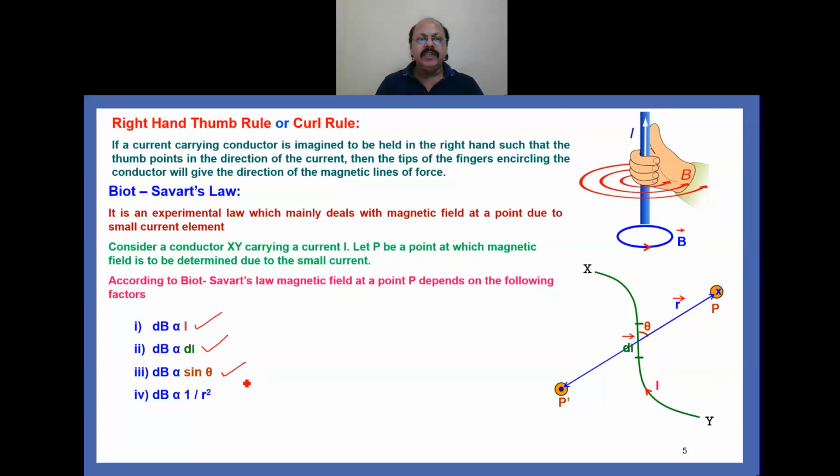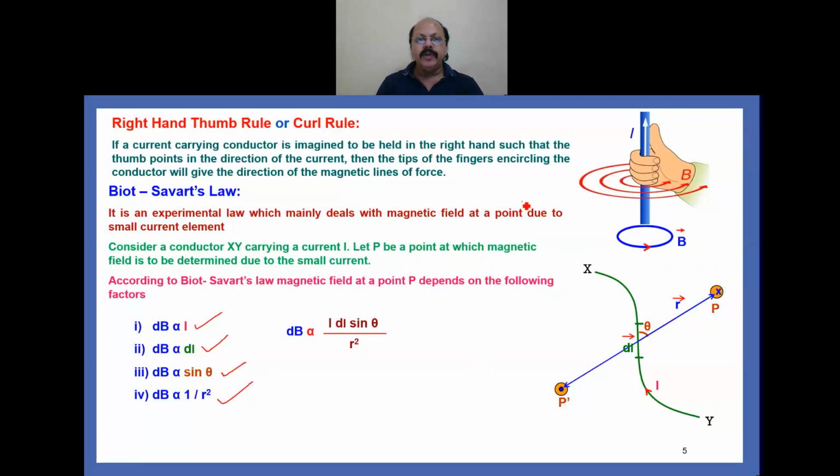And dB is inversely proportional to r square. As the distance from the current carrying conductor is more, the magnetic field is less. Now we combine all four. What we get is dB directly proportional to I dl sine theta upon r square.